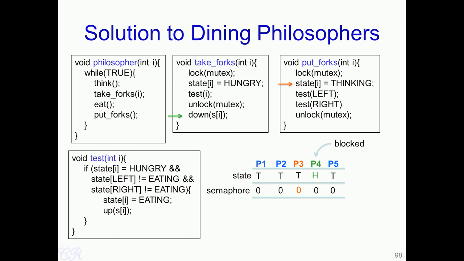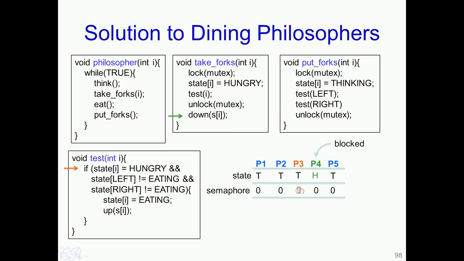Then it would invoke test with the left philosopher. This is with respect to P2, which in our case is not very interesting, so we will not look at that, but what is interesting is the test of the right, and the right here corresponds to P4.